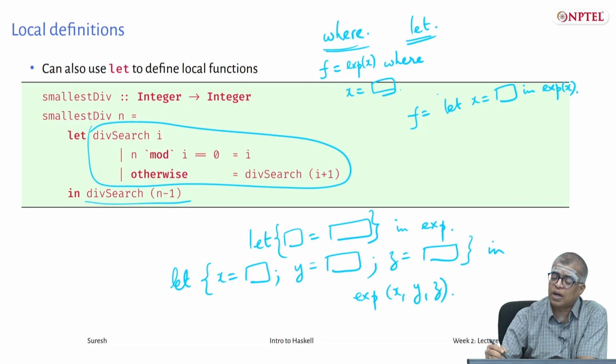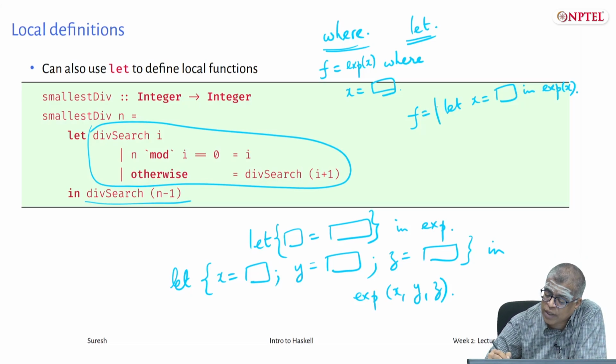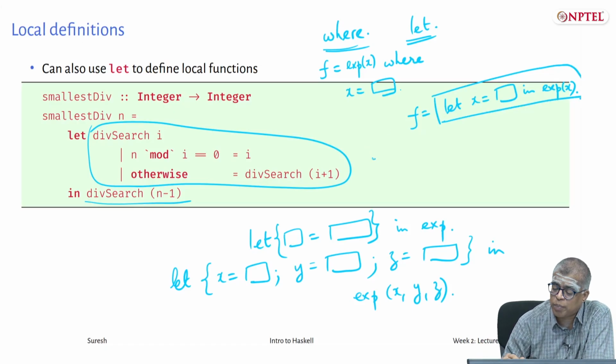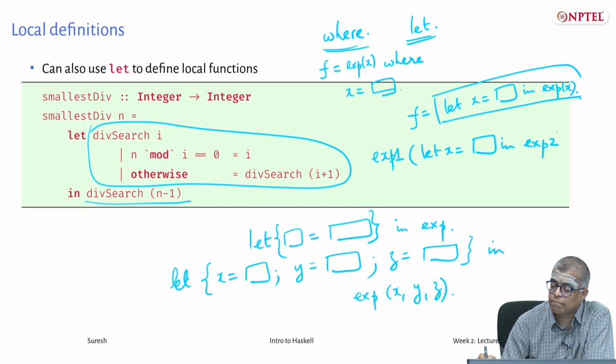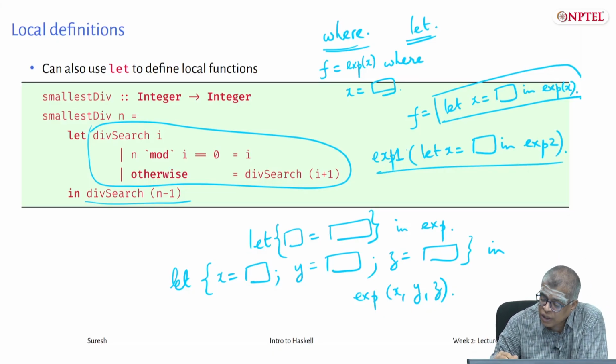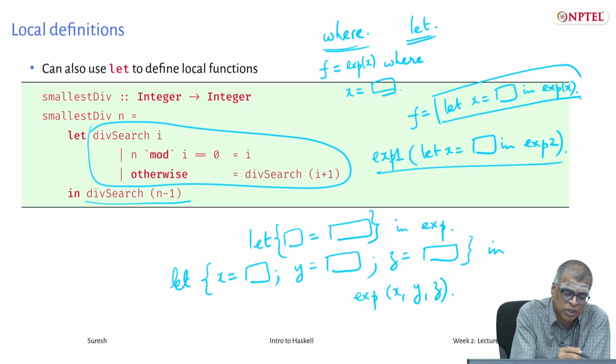The difference is that this let is part of an expression. Let can be used as part of expressions. So, for instance, I can say exp of x 1 of... I can write programs like this where this whole thing inside this parenthesis is an expression.